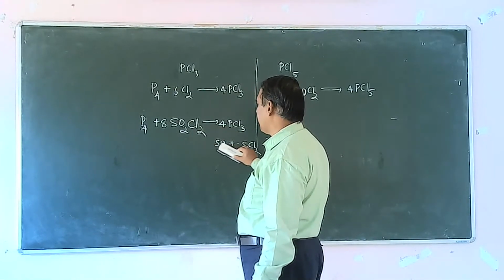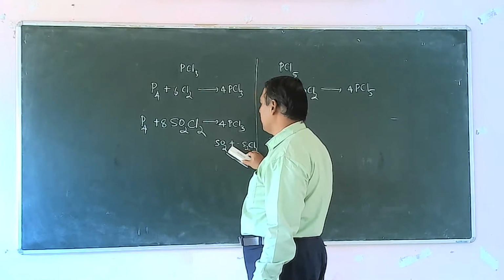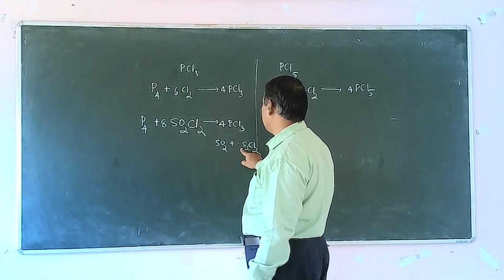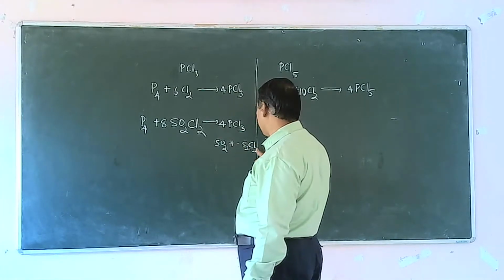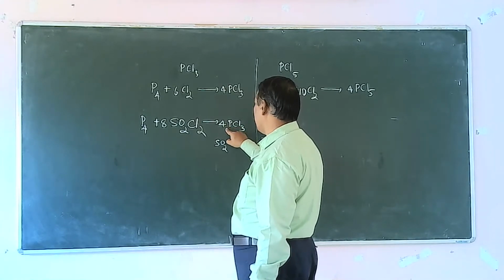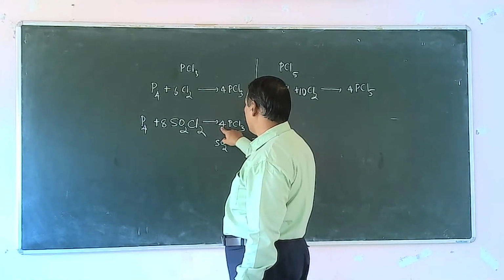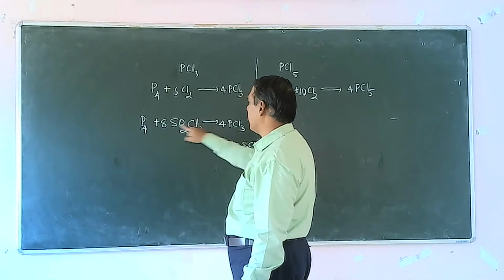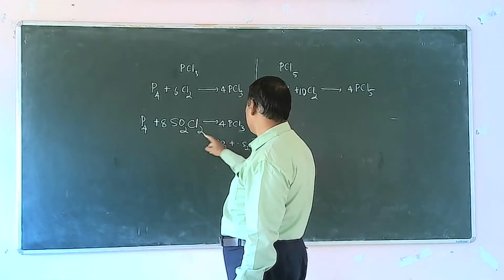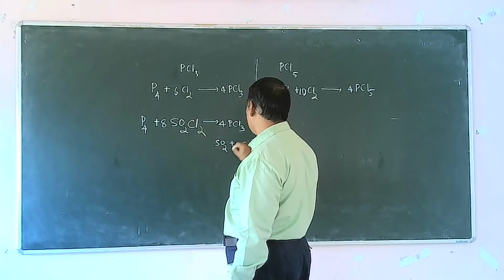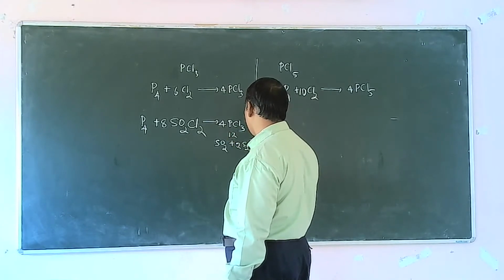Then again, sulfur dioxide gas, and disulfur dichloride, which will balance this here. So P4 there is a 12 chlorine atom, and here 16. So therefore it is 2 S2Cl2. Here 12 and here 4.